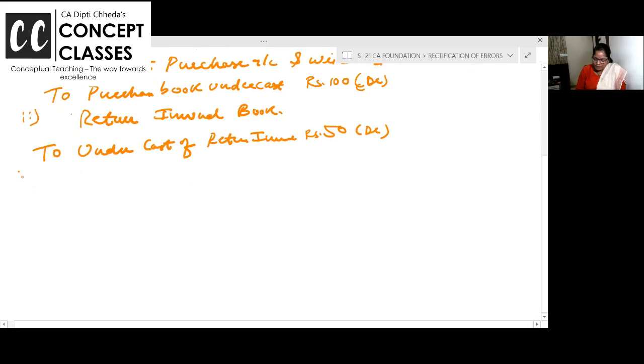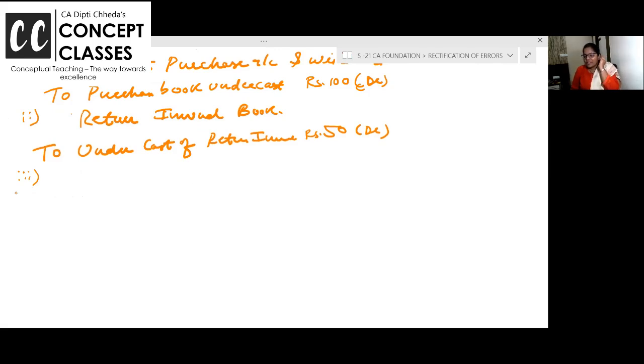Third one. A sum of 250 written off as depreciation on the machinery has not been debited to the depreciation account. 250 is written off as depreciation on machinery, but it has not been debited.